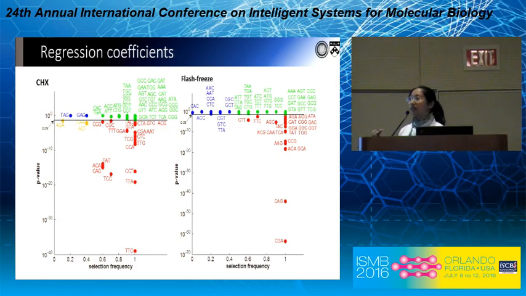This is probably the reverse, that they are depleted in these high density regions, so it's also useful for the model to include them as a predictor. Also, flash freeze data gave us cleaner results than cycloheximide, where we don't have these yellow codons that are enriched but not selected with high frequency.